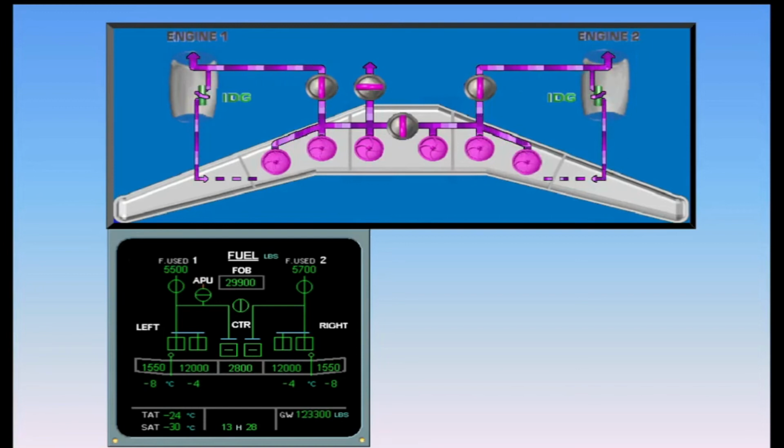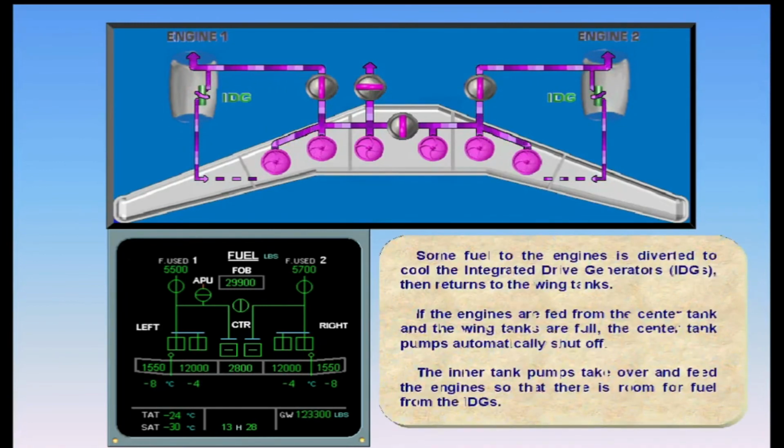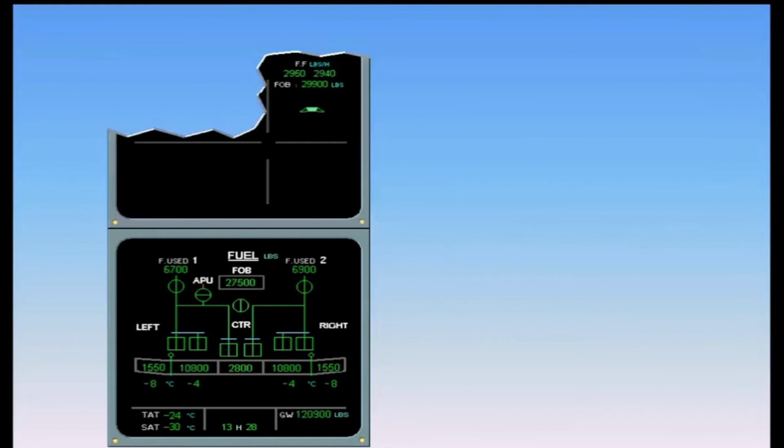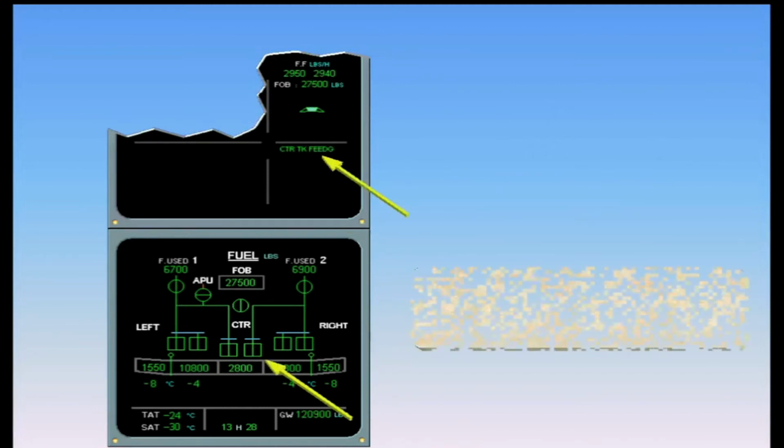The inner tank pumps take over and feed the engines so that there is room for fuel from the IDGs. After the inner tank pumps have fed approximately 1,100 pounds of fuel, the center tank pumps automatically restart.